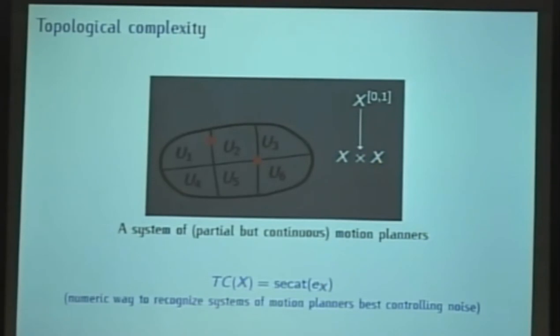So this number gives us a way to recognize systems of local motion planners which best minimize the effect of noise in the following sense. What Farber proved is that if you're given such a system of local motion planners, then no matter what, you will always have at least a task which is close to TCX domains. So this is very bad news because you cannot do better than this number.